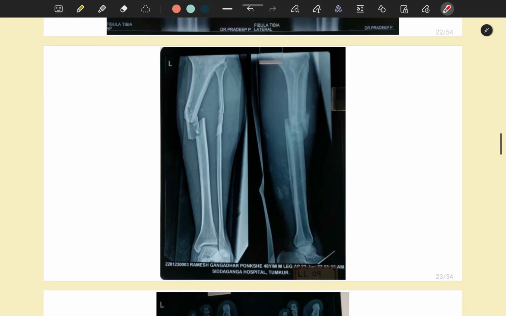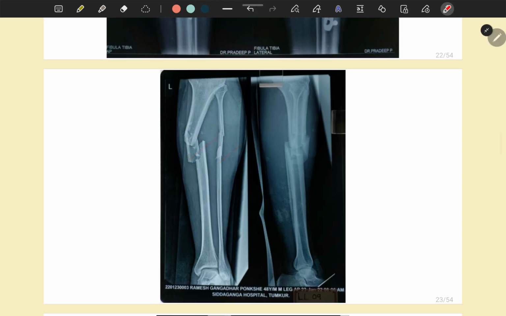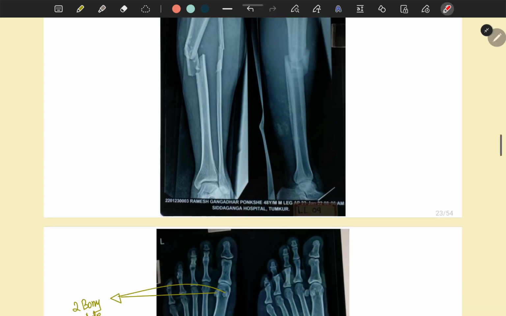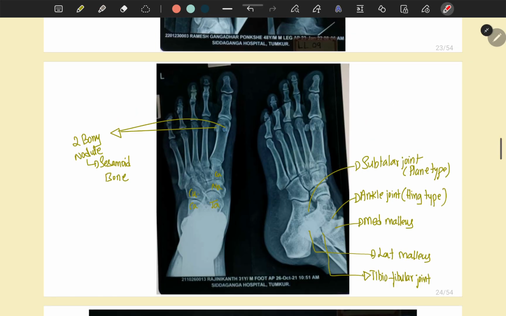Now here also there is a fracture of the tibia and the fibula, tibia lateral view fracture. Coming to the foot, okay, here you can see the great toe. This is the little toe.